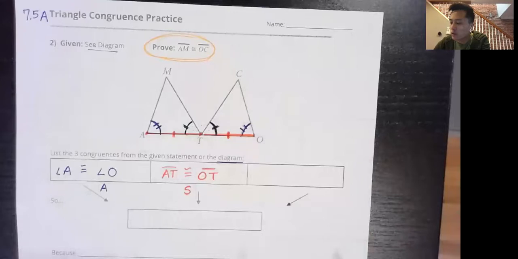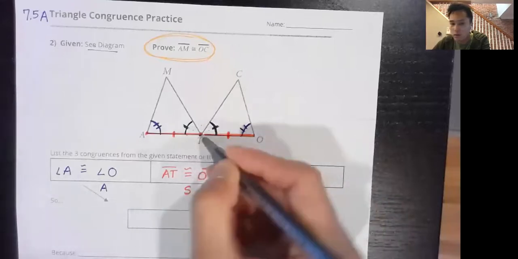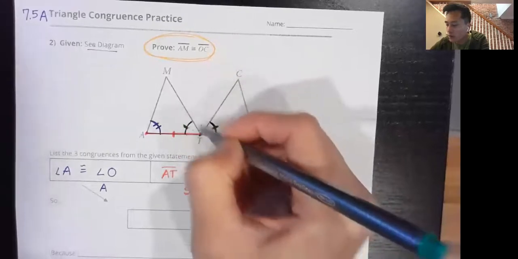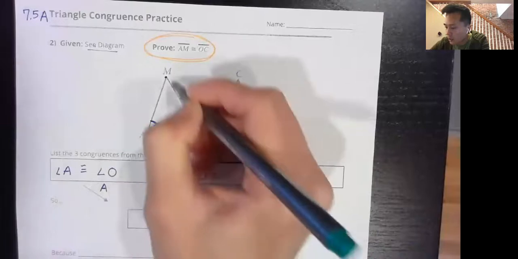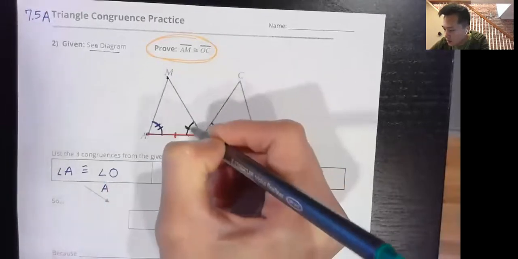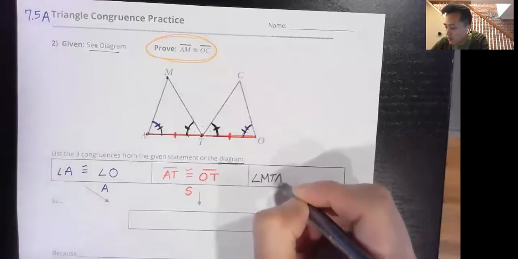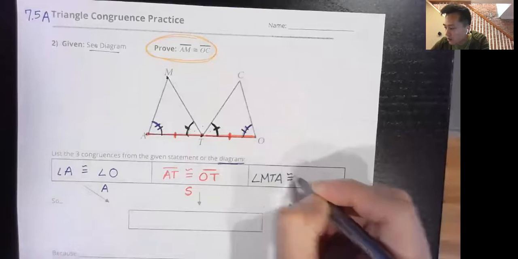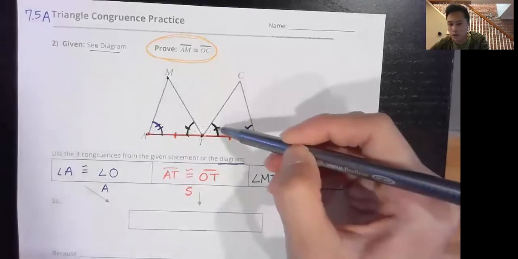So instead of just putting 1 letter, I'm going to put 3 letters. This angle for the triangle on the left goes between point M, point T, and point A. M, T, A gives us this angle. So I'm going to say angle MTA is congruent to, on the right, this angle right here.